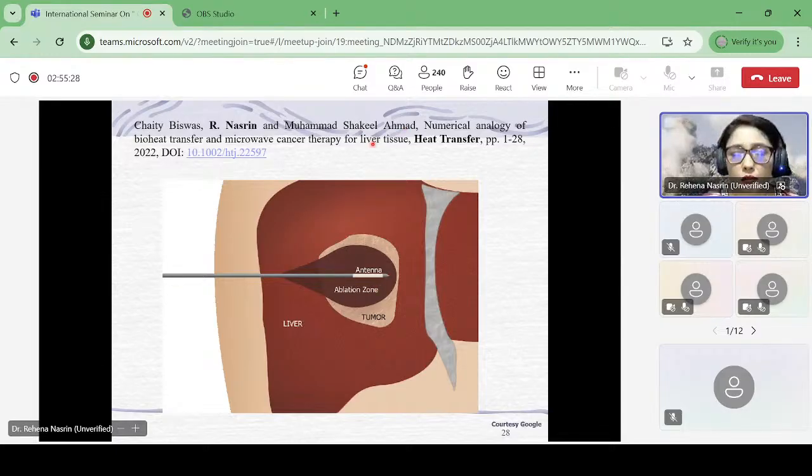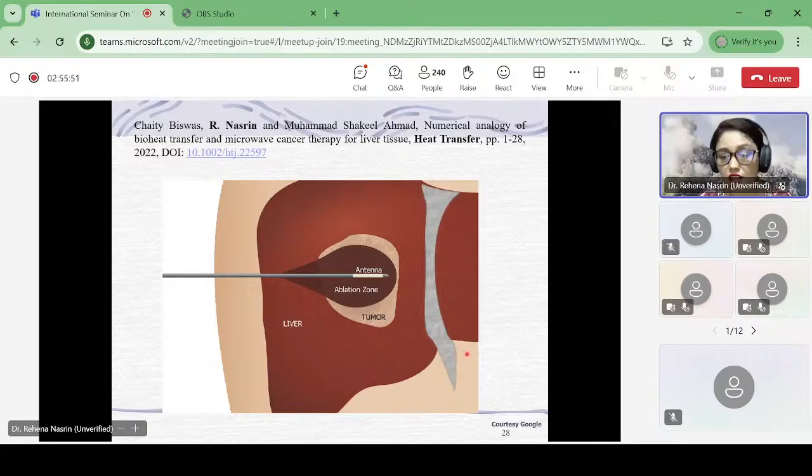We performed this research, a numerical analysis of bioheat transfer and microwave cancer therapy for liver tissue. Here we use a bioheat transfer model, not a simple heat transfer model. It is the heat transfer model used for biological bodies.